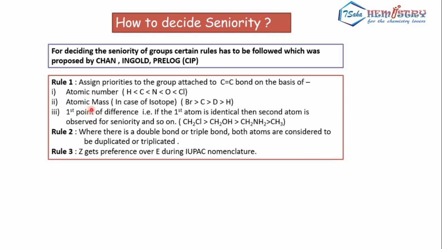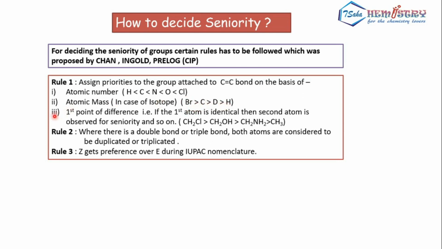Similarly, after atomic number, we have to check atomic mass. If a group has more atomic mass, obviously that group will get more priority. For example, if we have bromine, carbon, deuterium, which is the isotope of hydrogen, and normal hydrogen or protium, you can see bromine has more atomic mass, so it will get more priority than carbon, then deuterium, then hydrogen.